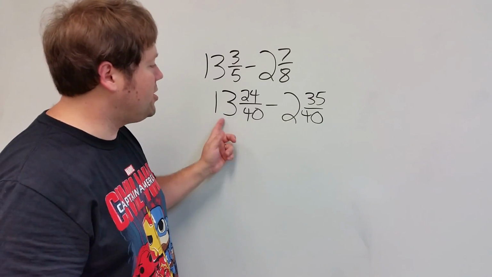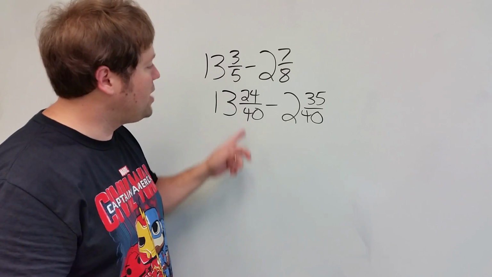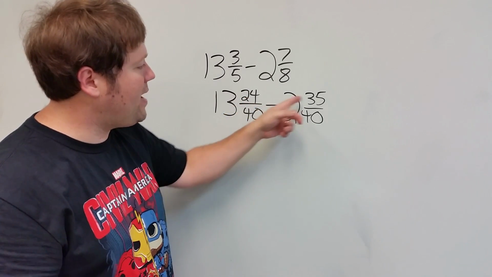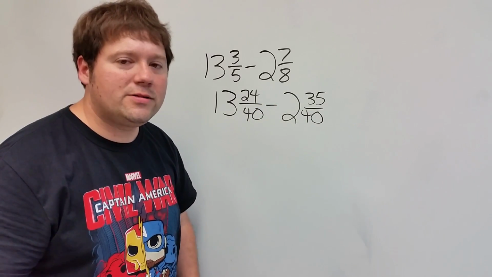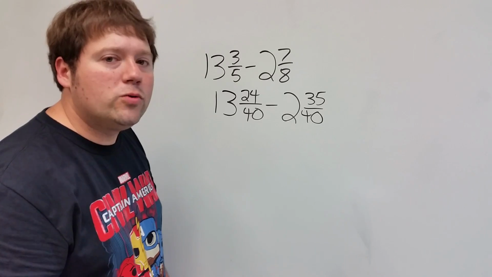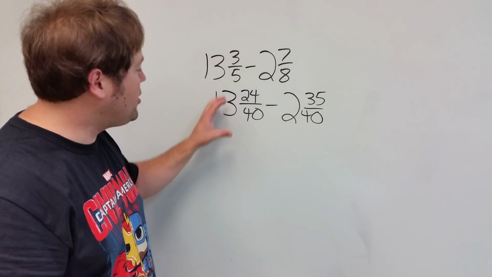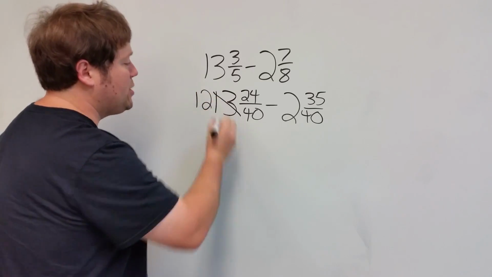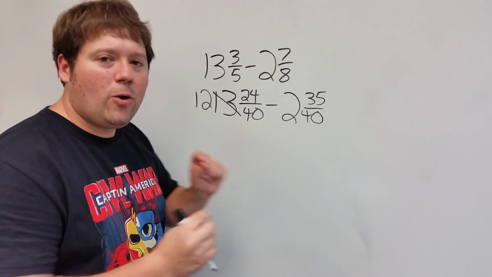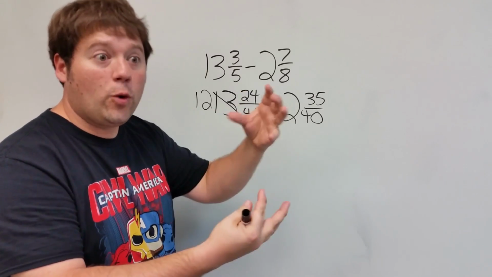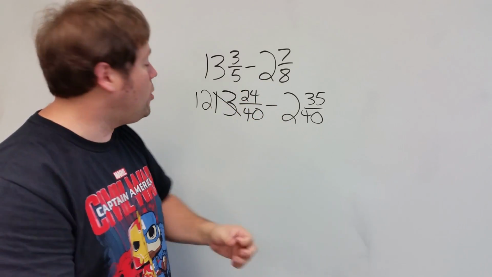So here's the problem. My whole numbers are good. I can do 13 minus 2. But I run into a problem trying to do 24/40ths minus 35/40ths. And so the solution of that problem is I borrow one of my whole numbers from 13. I'm going to take a whole number away from 13, which gives me 12. And from that whole number, I'm going to split it up into 40 parts and get 40/40ths, which is that one whole number.